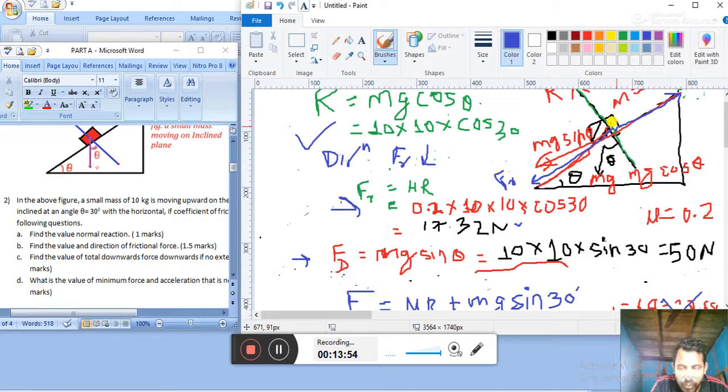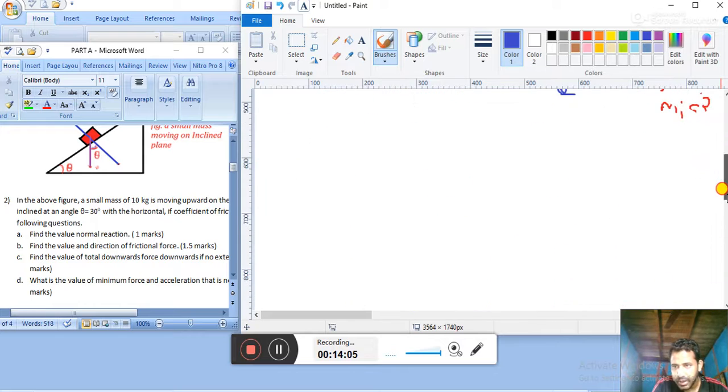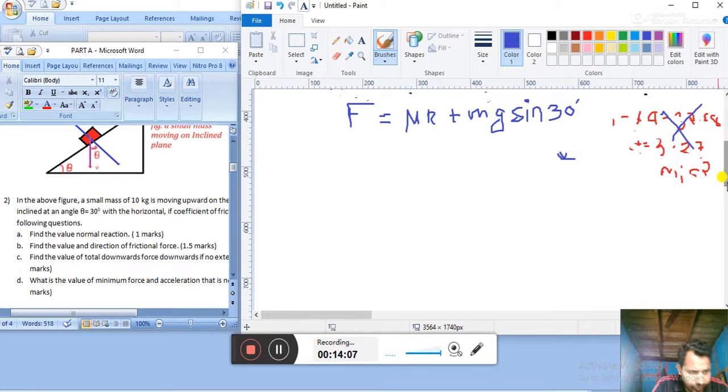That is the minimum force required to move upward. I'm not saying that is the required force, that is the least force that helps the block to move upward. So what is the value of the minimum force? The minimum force is the same value, copy the same value.